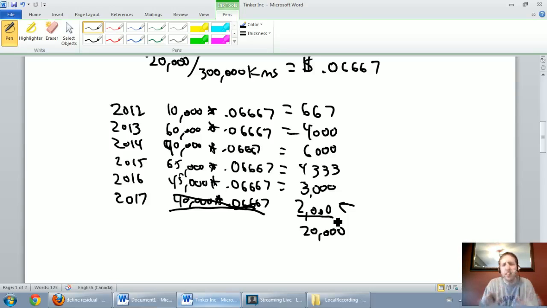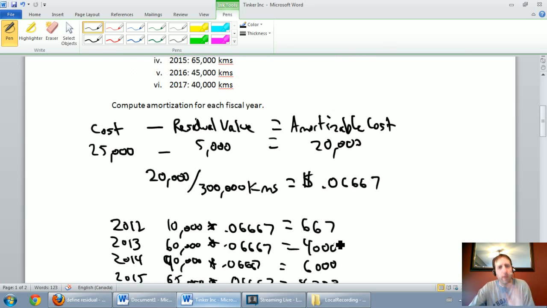Now, as I said, it's a little bit of an imperfect science because in reality we often end up changing our estimates towards the end, and changing estimates is a whole other kettle of fish. But assuming that we want to keep a $5,000 residual value, that means over that 5-year period we must amortize exactly $20,000 from our asset.